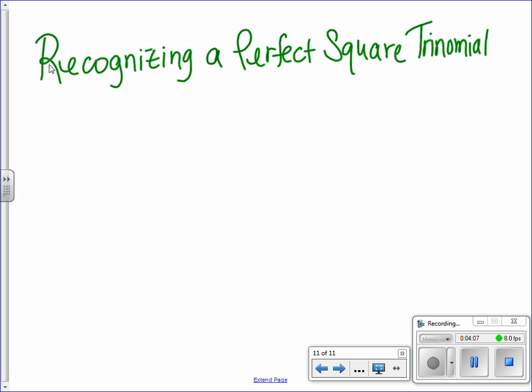No, we name it what it is. So, perfect square trinomial, the first term is going to be a perfect square. That's an A. It's going to be anything squared. The last term is going to be a perfect square, something else squared.